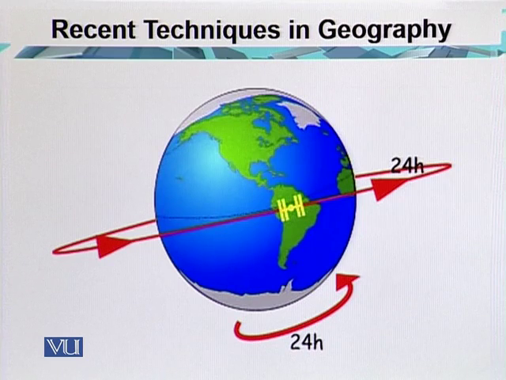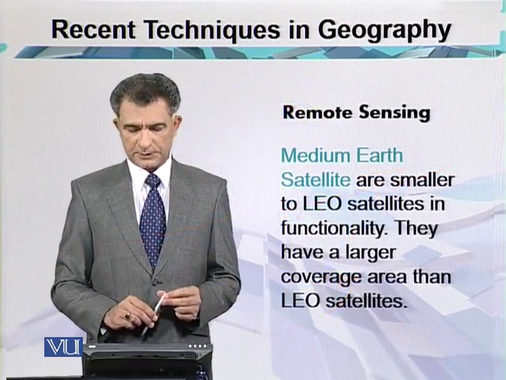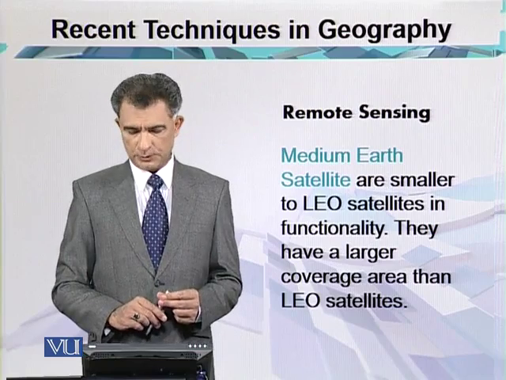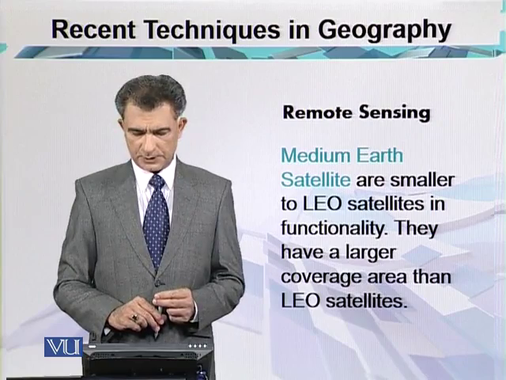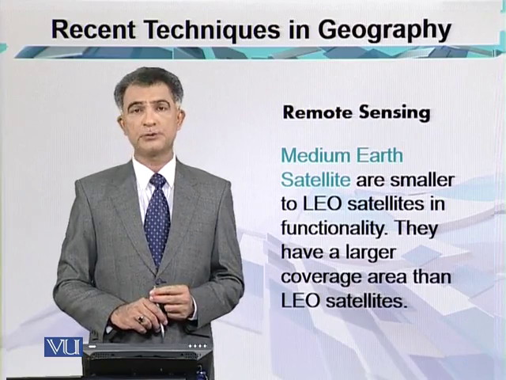Geostationary orbits are also used by communication satellites, since a geostationary satellite remains at a fixed position in the sky for Earth-bound observers. Now, medium Earth orbit satellites are similar to LEO satellites in functionality. They have a larger coverage area as compared to the LEO satellite system.